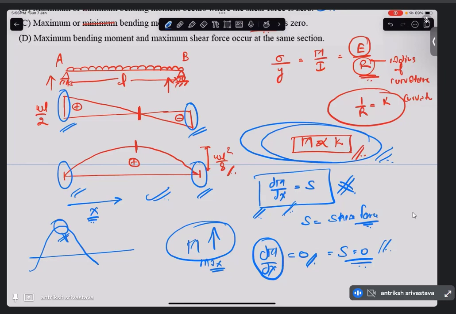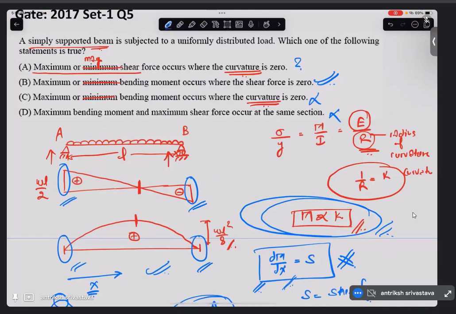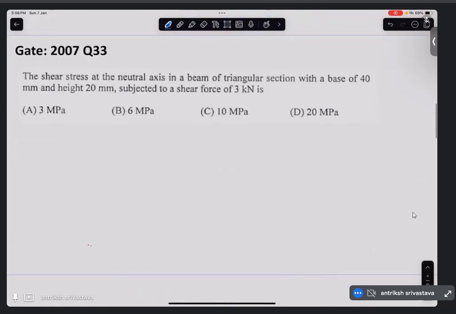Its derivative doesn't go maximum. So this option also goes wrong. So the correct answer is B in the general case, but also A can be the right answer. Right? I apologize, I'm going a little fast here, but you can always watch the videos on YouTube and rewind and watch it till you get more clarity on this.